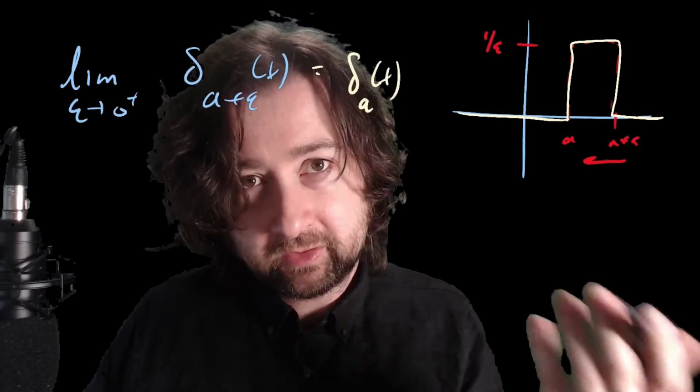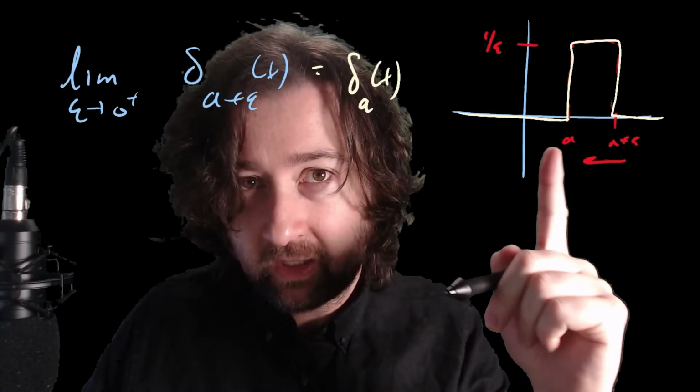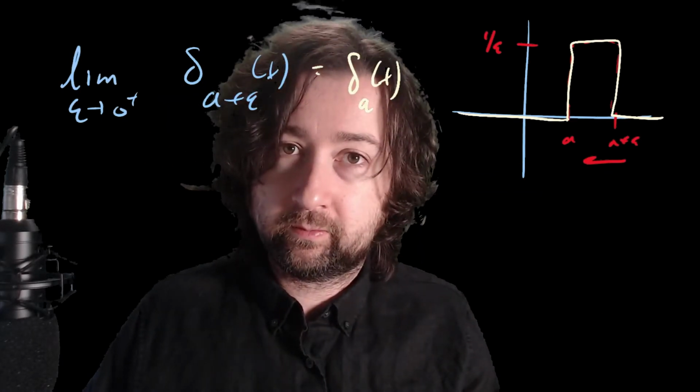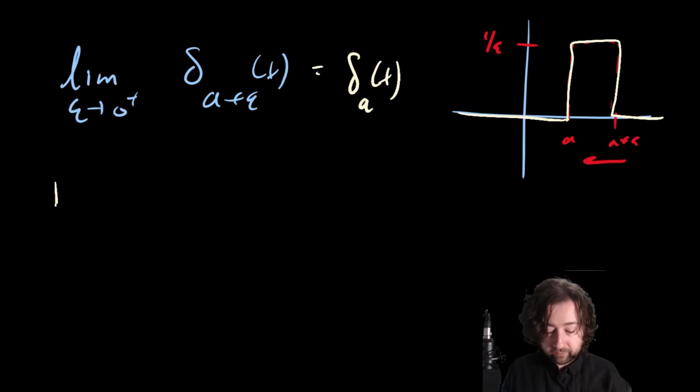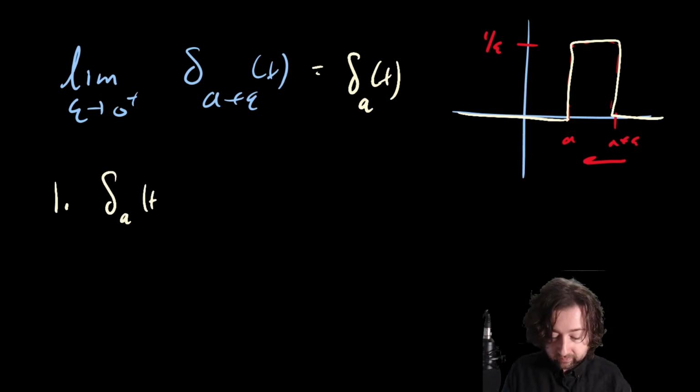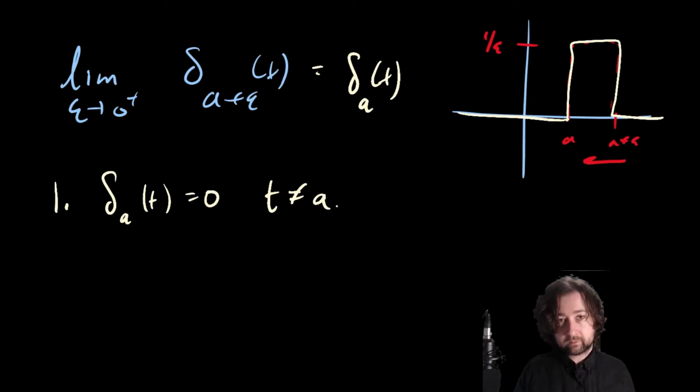So if epsilon went to 0, there's no other value except a where this thing could possibly have a value. So the first property that we get from defining delta as a limit is that delta a of t is equal to 0 whenever t is not equal to a. Now notice I didn't tell you what happens at a. I'm just telling you what happens at not a.